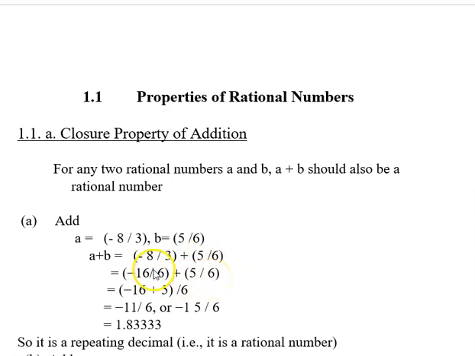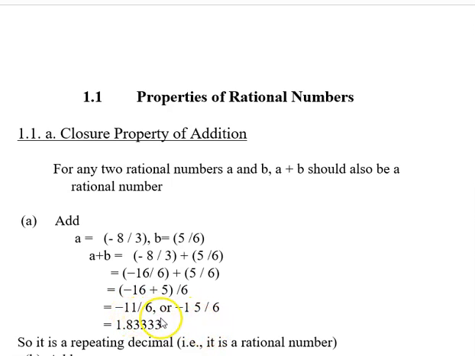For the first one, I am multiplying the numerator and the denominator by 2. So the result is negative 16 over 6 plus 5 over 6. Now the denominators are the same, so you can take the common denominator as 6 and add the numerators. So negative 16 plus 5. The result will be negative 11 over 6.